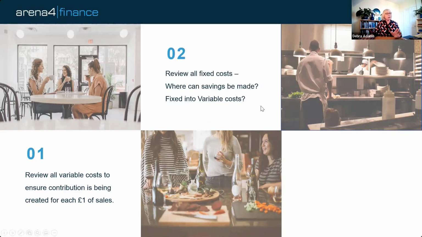So you've got a clear picture of which costs are variable and which costs are fixed. Some of those might be semi-variable, so have a bit of both, like the energy we mentioned earlier is a good example of that. And looking to see also that every cost justifies its position in the profit and loss account. And then from that, looking at where we can generate additional revenue to generate additional contribution.